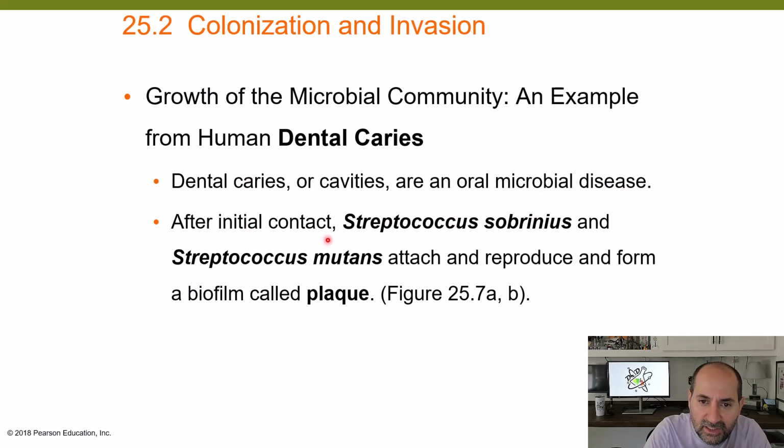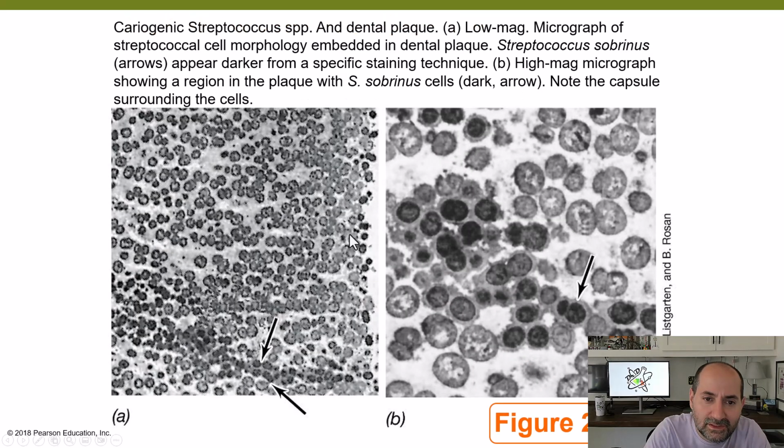After initial contact, Streptococcus sobrinus and Streptococcus mutans, these are the two most likely culprits of tooth decay, attach and reproduce and form a biofilm called plaque. Here we can see the Streptococcus and a dental plaque at low magnification and then in high magnification as well.